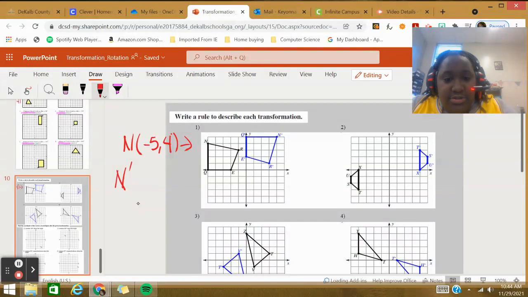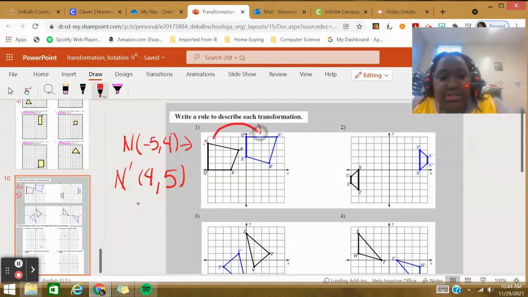N prime is going to be +4, 5. So the question is, what rule do we use? The first thing I need to figure out is whether we go clockwise or counterclockwise. So if N is here and my N prime is here, that means that this figure rotated to the right.